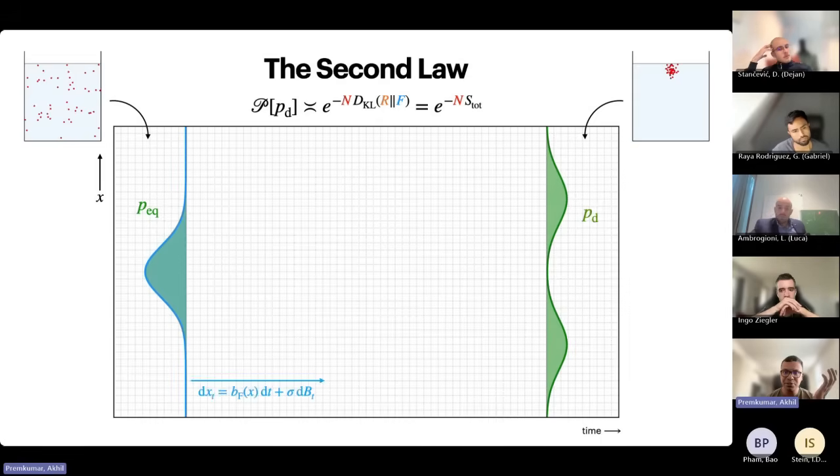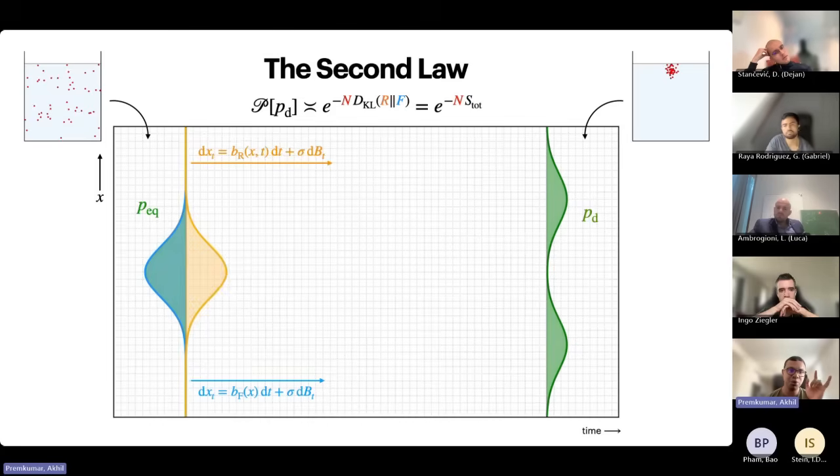Of course, nothing is going to happen to P equilibrium because it's already at the stationary point of the forward process. But I'm also going to apply the reverse process, and I'm going to show you the difference in the shape of the envelope or the shape of the distribution if you subject the equilibrium process to both of these things. So this is basically the story of the two beakers.